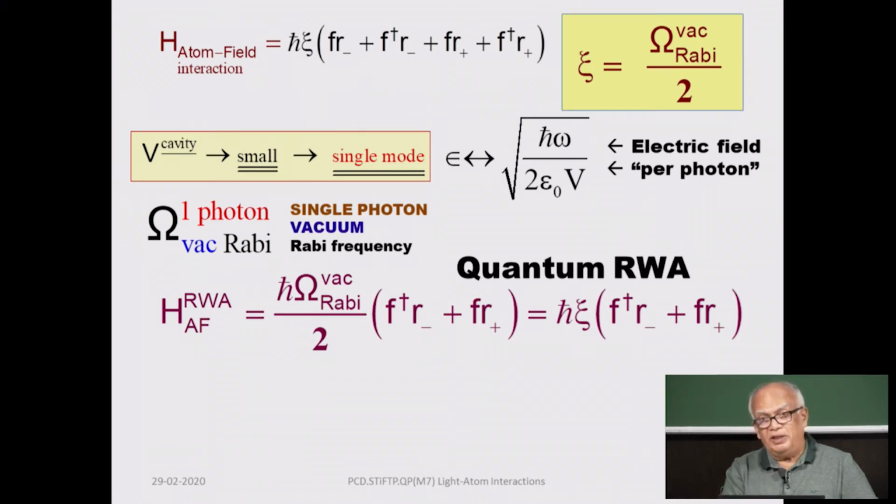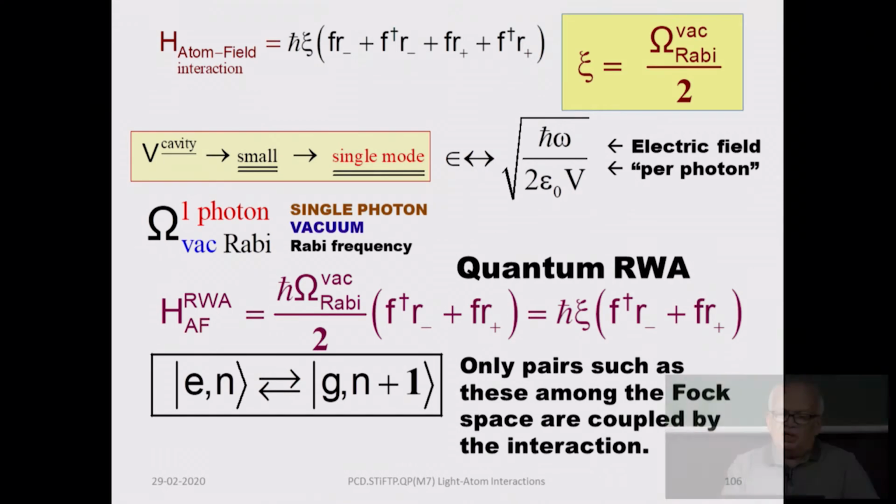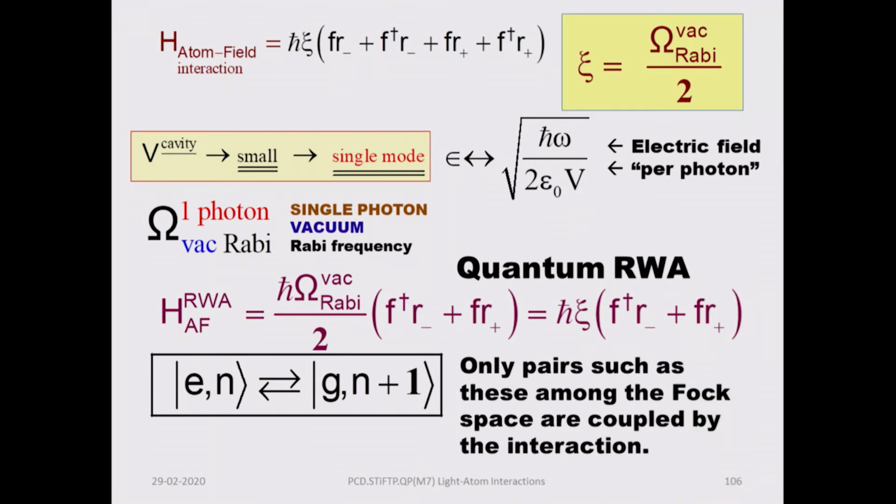They are there because they should be there and they have a physical effect. They are the ones which lead to the Lamb shift. Okay? So, these are the on shell terms which conserve energy, but then the only transitions which are involved are those which take you from the state En to Gn plus 1 and back.